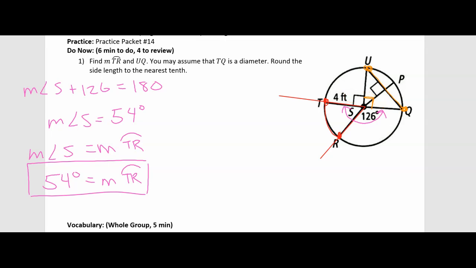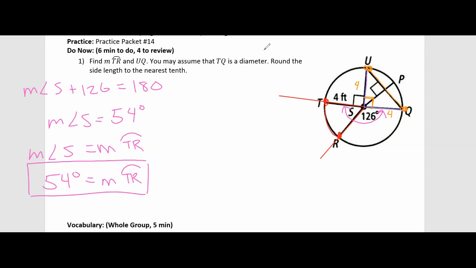And I know the length of my radius is 4. So if I know that that's a right angle, and I know two sides of that triangle, this actually forms a right triangle.